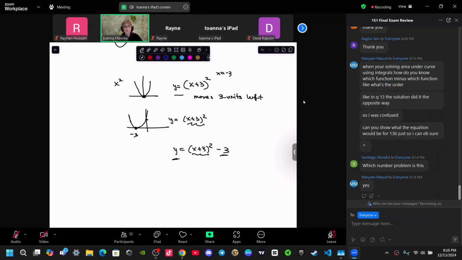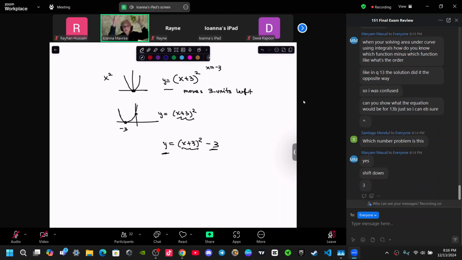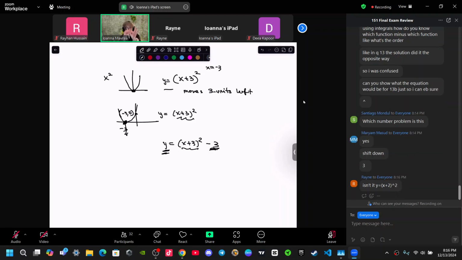What do I have to do to it? To move down by 3 units, right? So I'm going to move this thing down by 3 because y moves up and down. So if you subtract 3, you move the whole thing down. So instead of the vertex being at (-3, 0), it's going to move down. The vertex is going to be at (-3, -3).